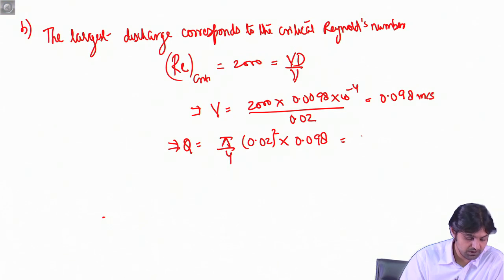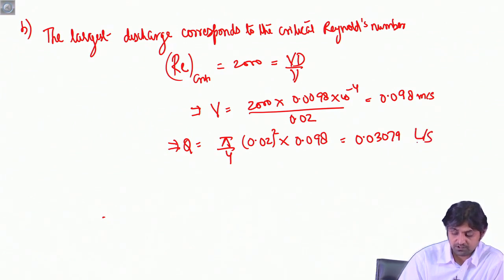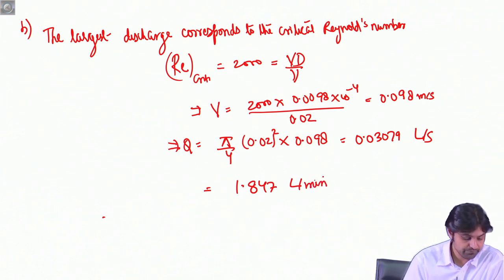This is going to be 0.03079 liters per second. Instead of meters, we have multiplied 10 to the power 3 and made it in liters per second. Or if in terms of minutes, you can simply multiply it by 60 and say 1.847 liters per minute. Okay, so this is the largest discharge.